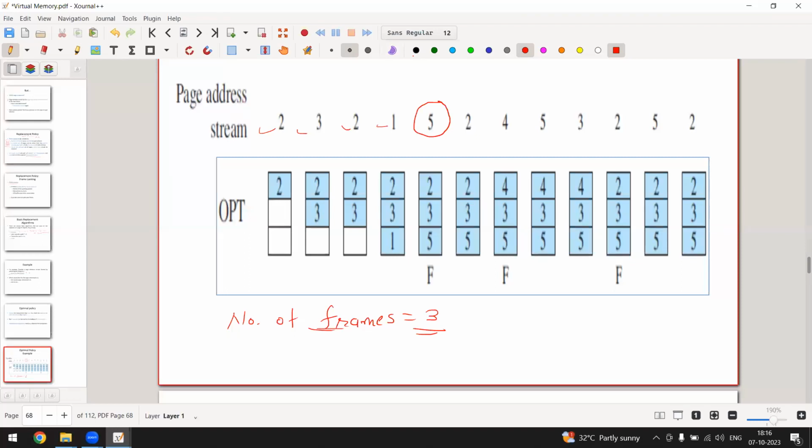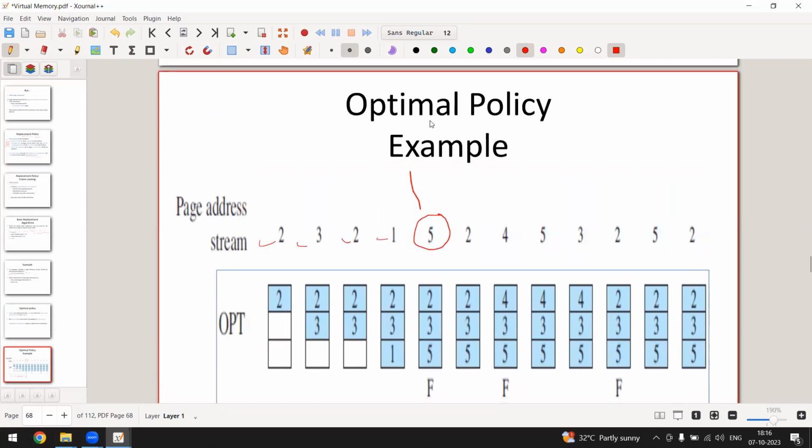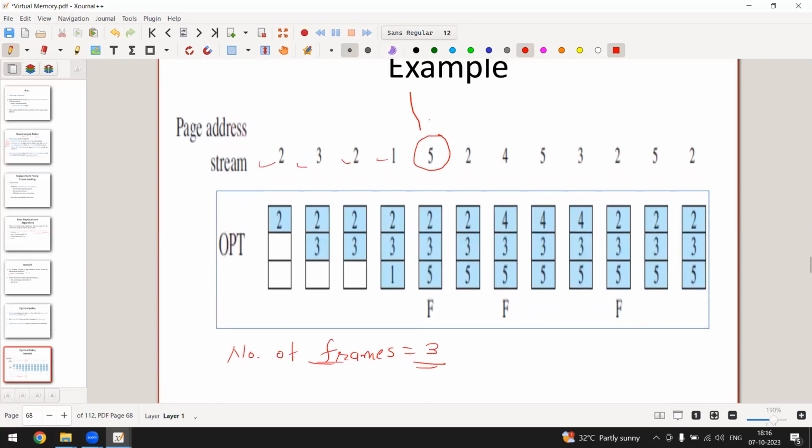Can I remove 2, 3 or 1? Since this example is of the optimal policy, we have to look at the future and see the references of 2, 3 and 1. 2 is referenced here, so I cannot swap 2. 3 is also referenced here. 1 is not referenced in the future.